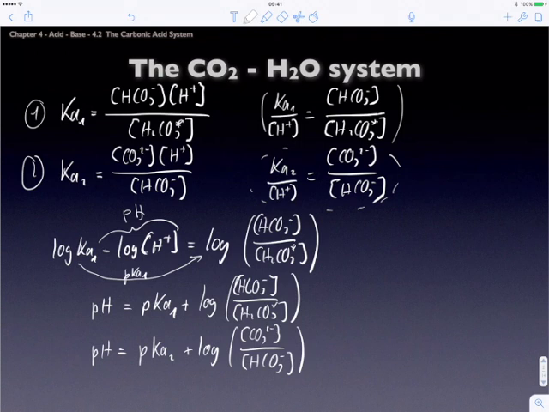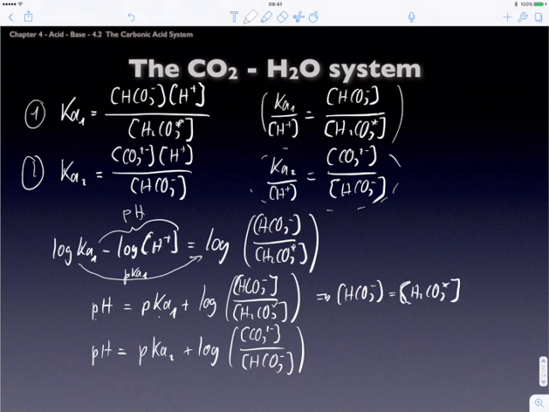So what can those equations tell you? They tell you that when, in this case, pH equals pKa1, if the pH of the solution of your water, body of water, equals the pKa1 of the carbonate, which is dissociation of the carbonic acid, the amount of HCO3- must be equal to the amount of H2CO3, the carbonic acid.